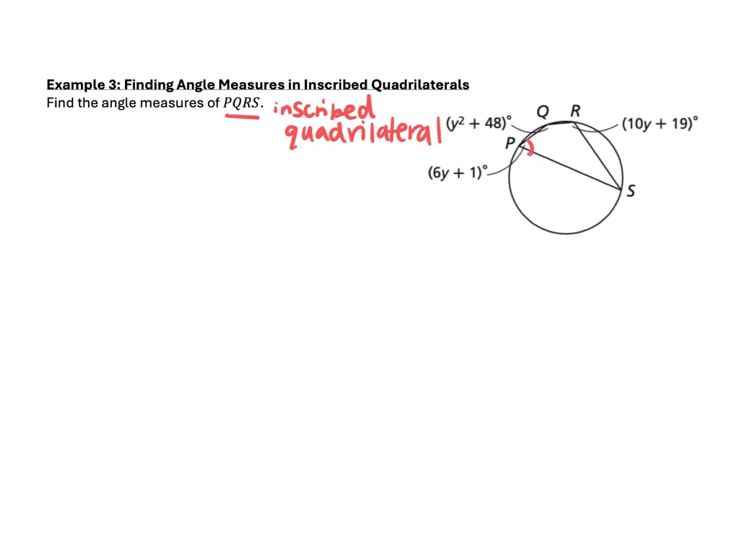There are 2 sets of opposite angles in the picture here, angle P and angle R. And then the other set of opposite angles would be angle Q and angle S.